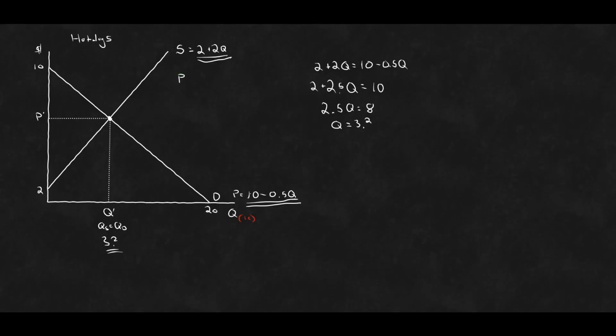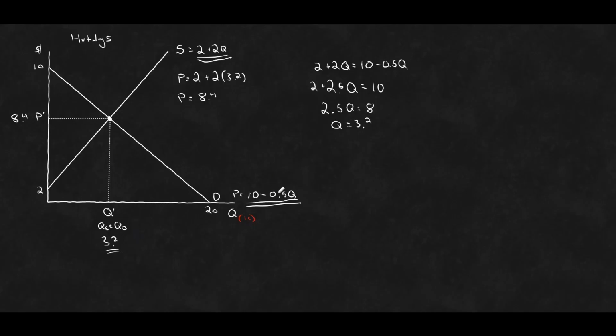So marginal cost, or minimum willingness to accept, is 2 plus 2 times 3.2. 3.2 times 2 is 6.4. 2 plus 6.4 gives a price of $8.40. So we get a market clearing price of $8.40 to sell 3,200 hot dogs.